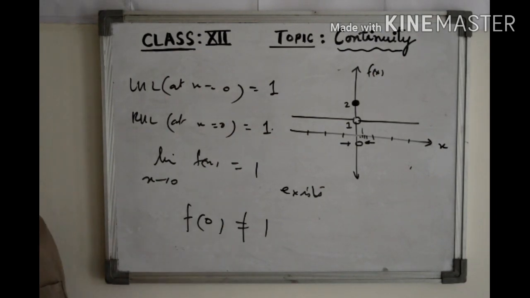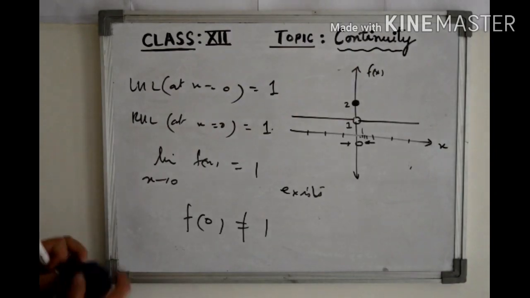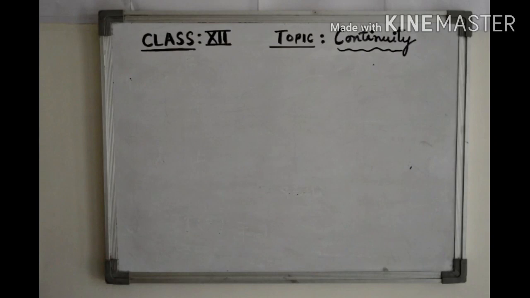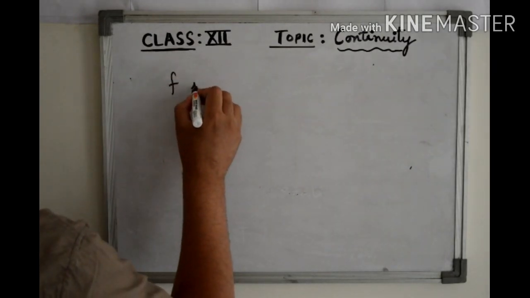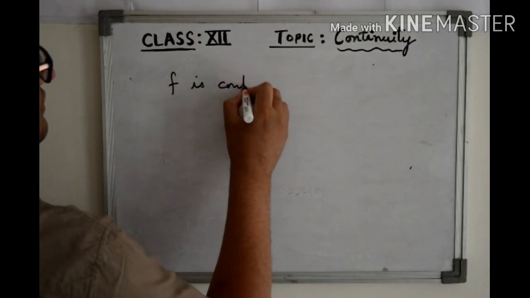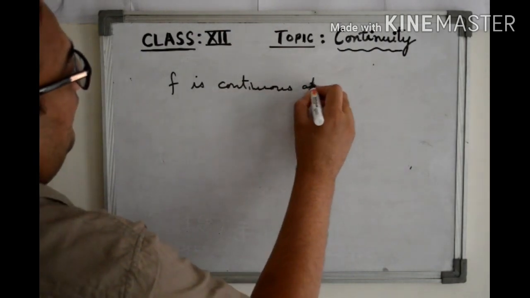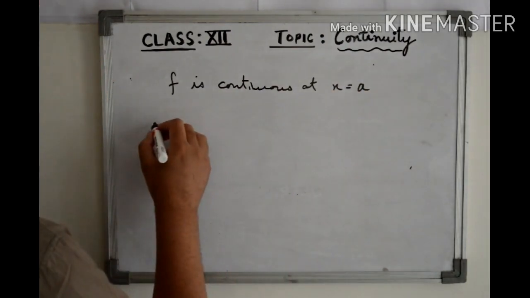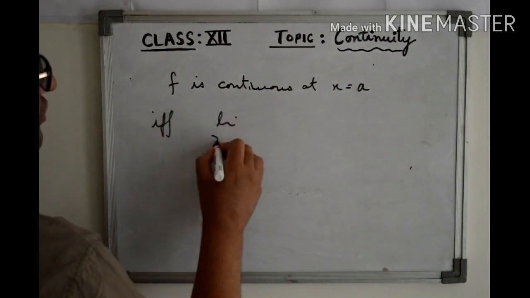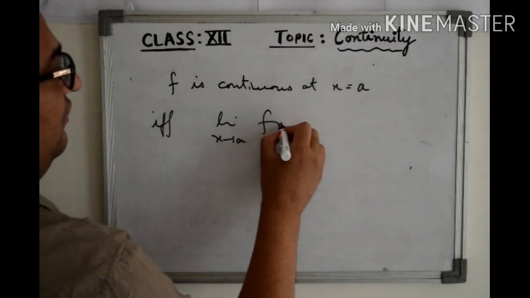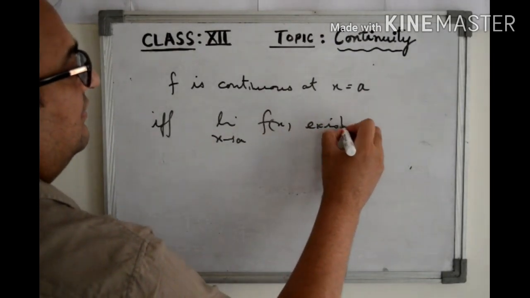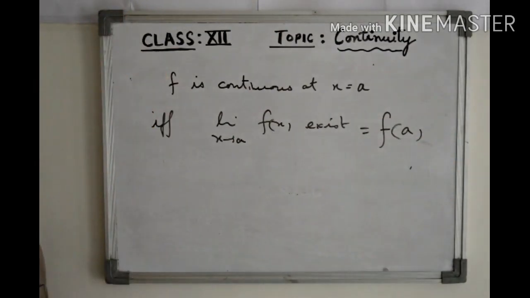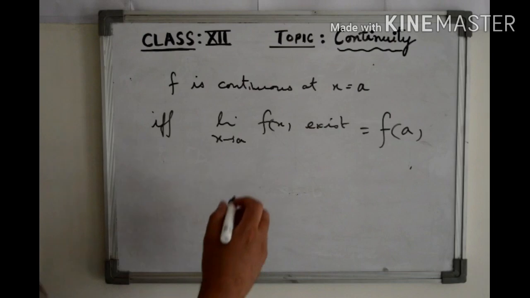So from these two examples we can conclude that for continuity of a function at a point, a function f is continuous at x equal to any point, say a, if and only if the limit as x approaches a of the function exists and is also equal to f(a).